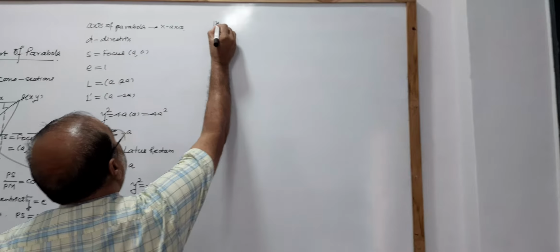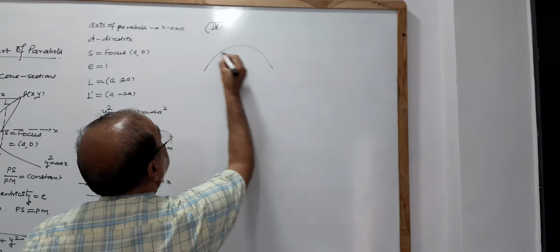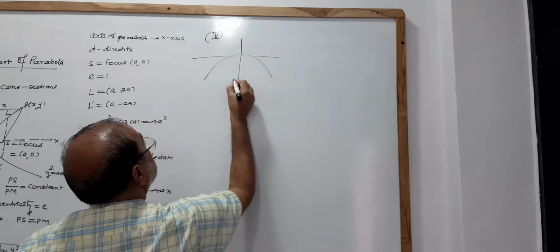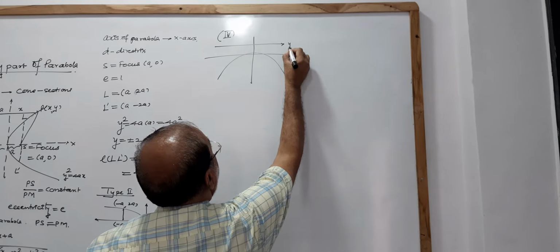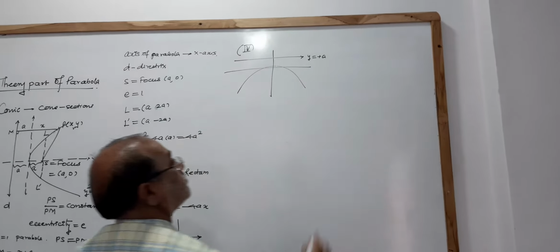Likewise, next is the fourth type. The fourth type of parabola will have its curve downward. For this parabola, the directrix is y equal to +a.